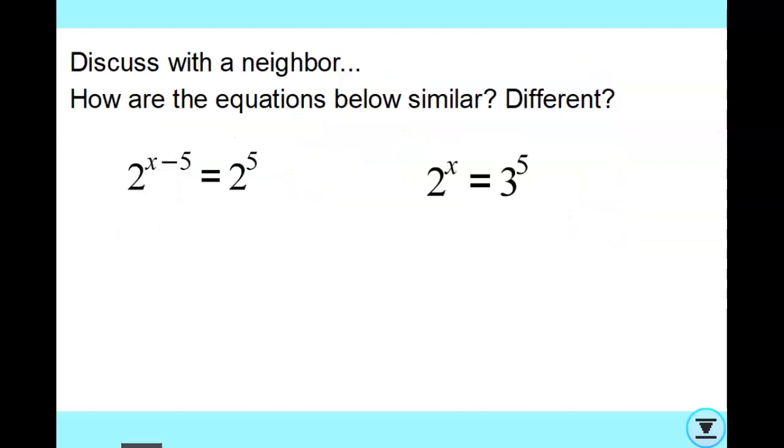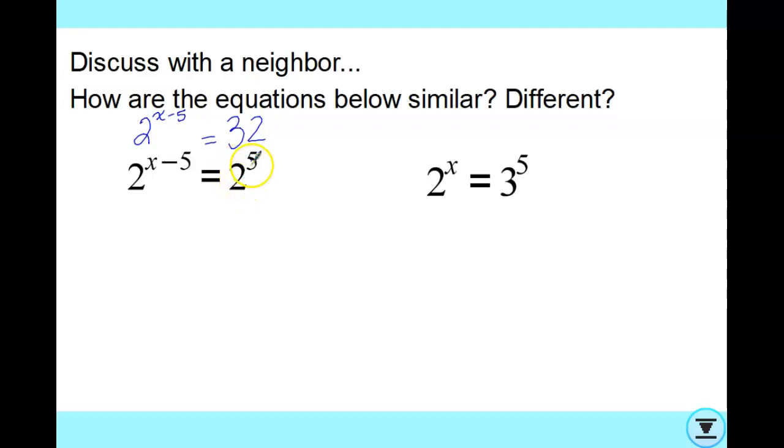So the next thing we're going to talk about is what happens when we have equations with same bases. We've already solved those, but what happens if I can't change the base and solve when those two bases are different? So in this one, the problem that we started off with initially was 2 to the power of x minus 5 is equal to 32. And we said, okay, well wait, I can rewrite this base as a power of 2.